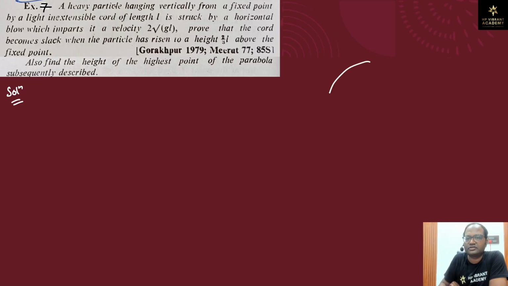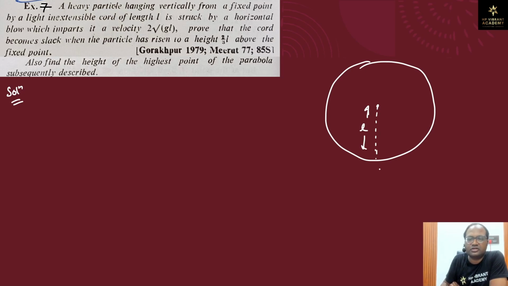So what is given in the question is that a heavy particle is hanging vertically from a fixed point, the cord length is L, it is struck by a horizontal blow, and the initial velocity is 2 root under GL.